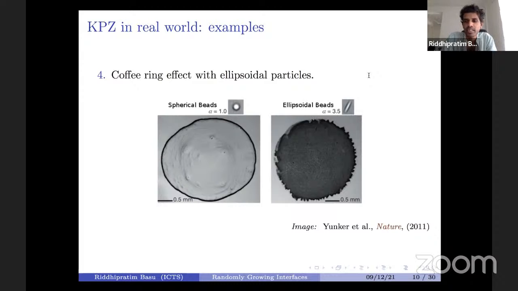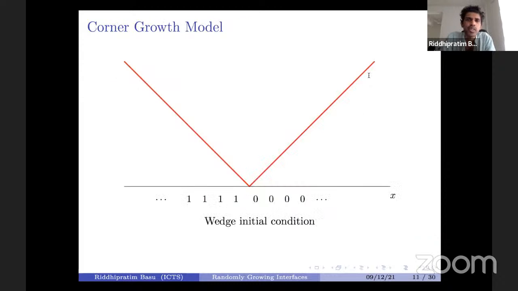Anyway, I just wanted to show you some of these pretty pictures because they're pretty, first of all, and I also wanted to convince you that even if you don't care about the mathematics, this particular phenomenon is of interest in many other fields also. All right, so let's go back to the maths.